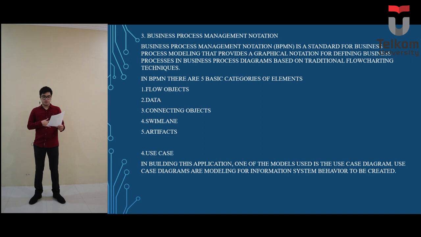Then for number 4, use case. In building this application, one of the models used is the use case diagram. Use case diagrams are modeling for the information system behavior to be created.